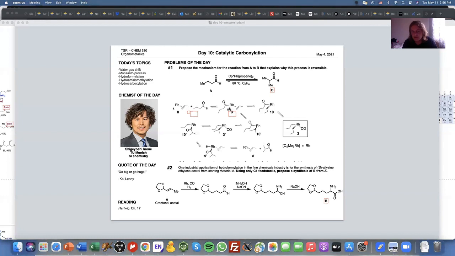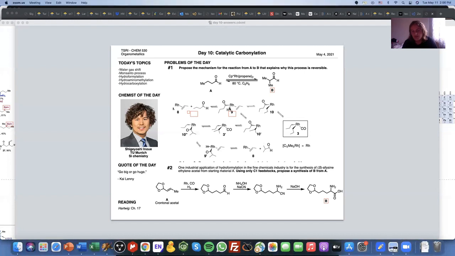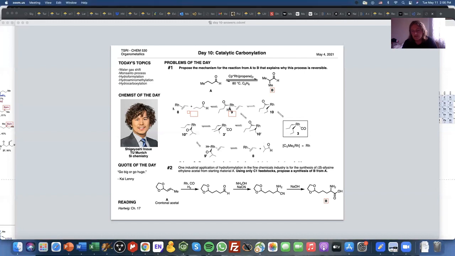And this is key to preventing the undesired Tsuji-Wilkinson decarbonylation, because if you form a rhodium(III) alkyl hydride, the reductive elimination is expected to be extremely fast and irreversible.